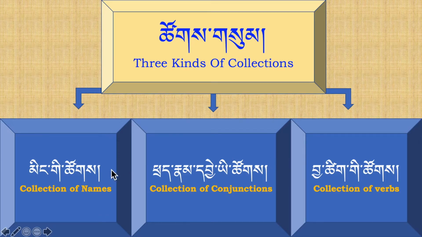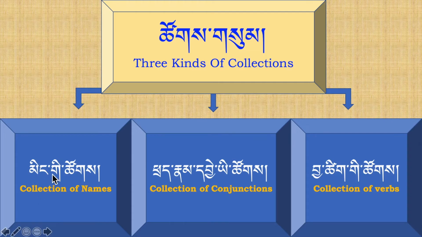Because whenever we talk or make a sentence or write, these three are always there. If one of these is missing, then it's not perfect. It doesn't come out correct. Therefore, these three things are very important.